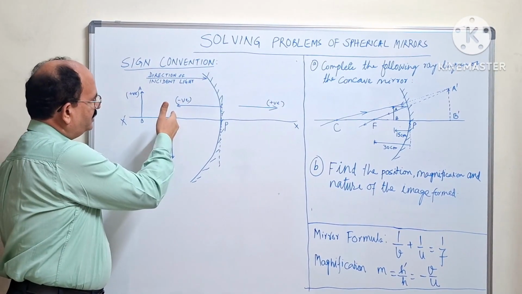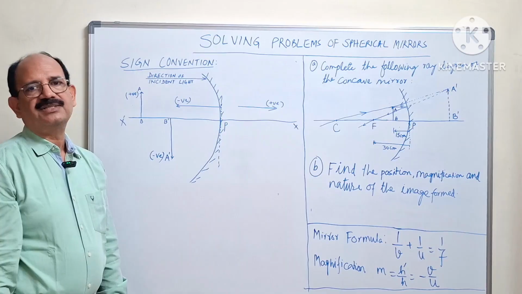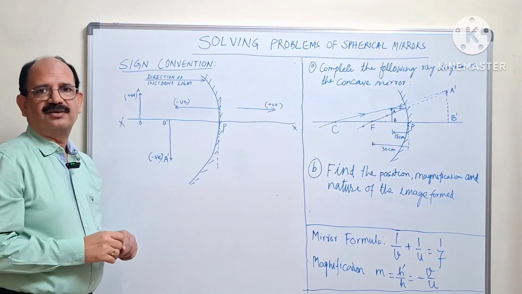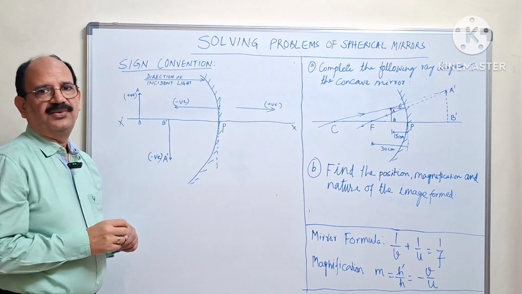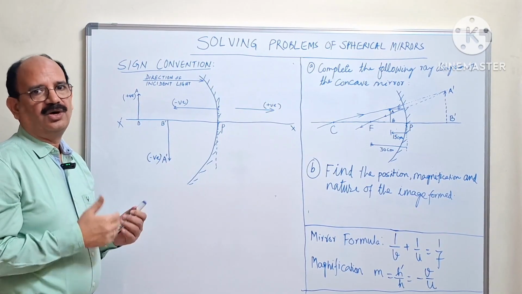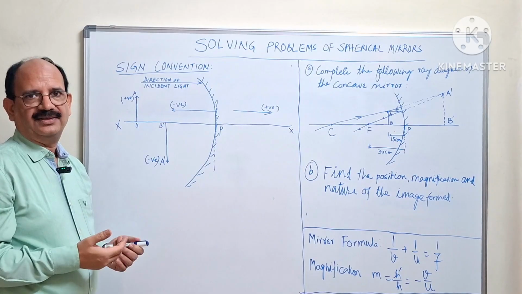Any measurement below the principal axis is taken as negative. So we need to be very clear about this sign convention, and apply it when we are measuring and marking the position of the object, the position of the image, or even the focal length.